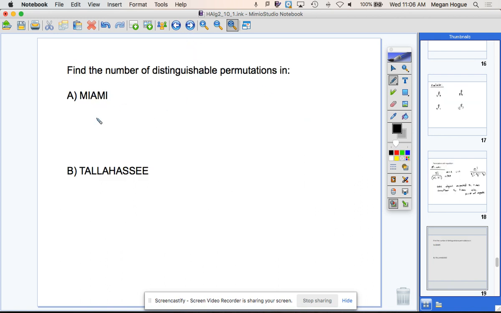So why don't you guys try and do Tallahassee? Fun word.